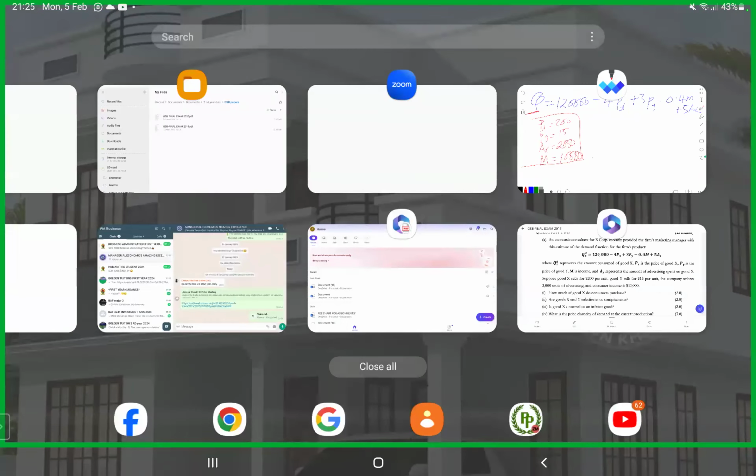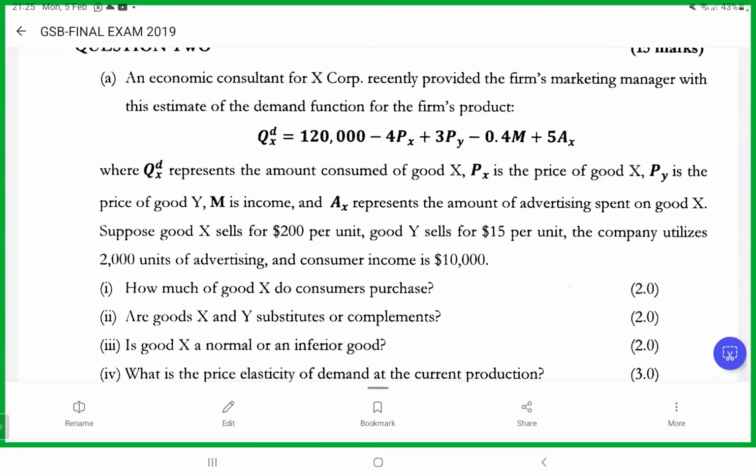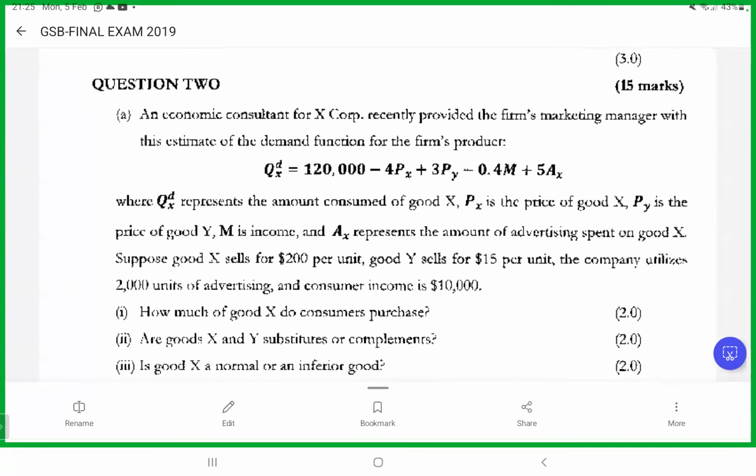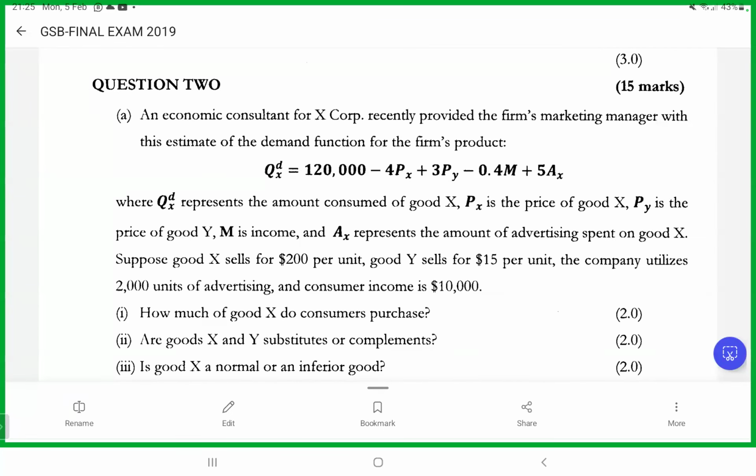Read for us the next question, number 2A2, the one which says: are good X and Y substitutes or complements?